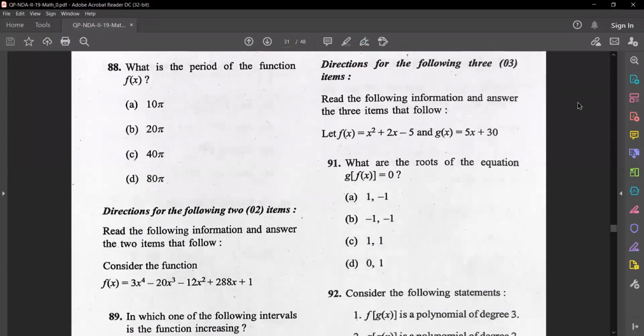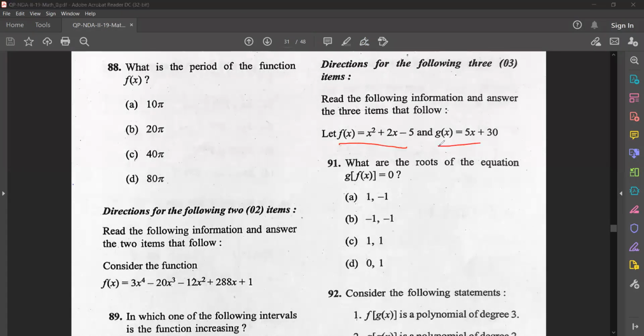Read the following information. Answer the 3 items that follow. f of x is given. g of x is given. What are the roots of the equation g of f of x equal to 0? The options are 1 comma minus 1, minus 1 comma minus 1, 1 comma 1, 0 comma 1.